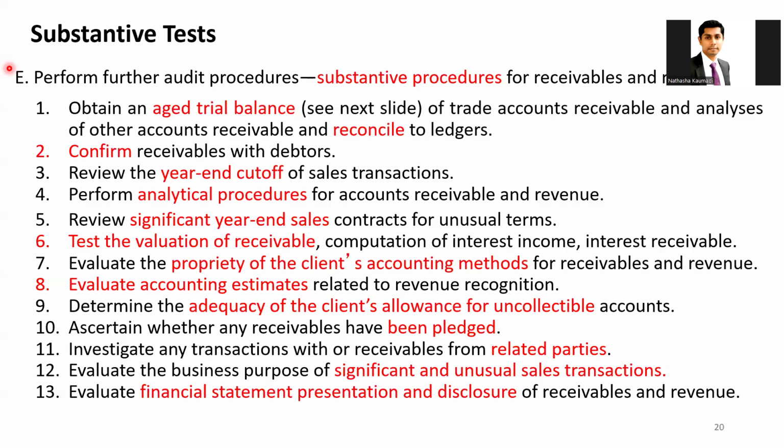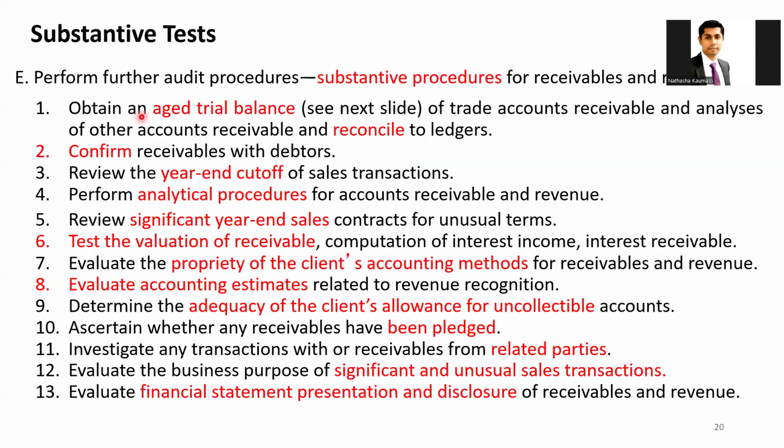After conducting test of controls, based on the results of the test of controls, now you decide, okay, up to what extent I'm going to do the substantive procedures. So now you are performing substantive procedures. What are the substantive procedures? You can list down so many substantive procedures.